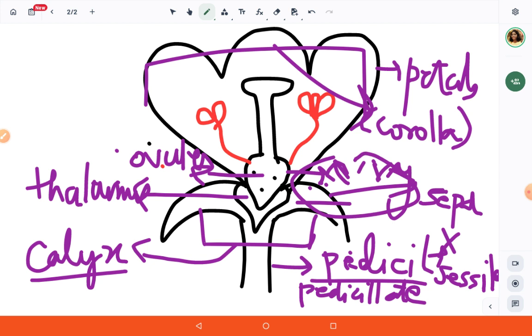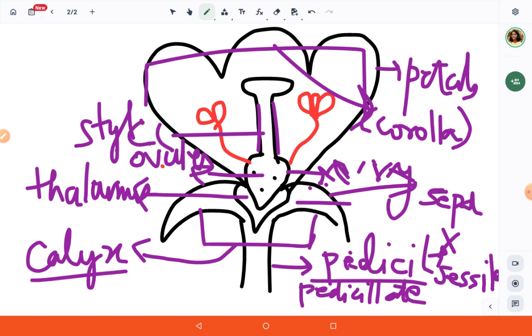Then this tube-like structure is the style, and the topmost part is the stigma. Stigma is where pollination occurs.